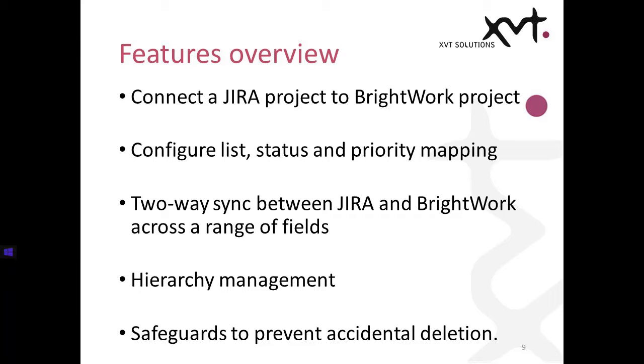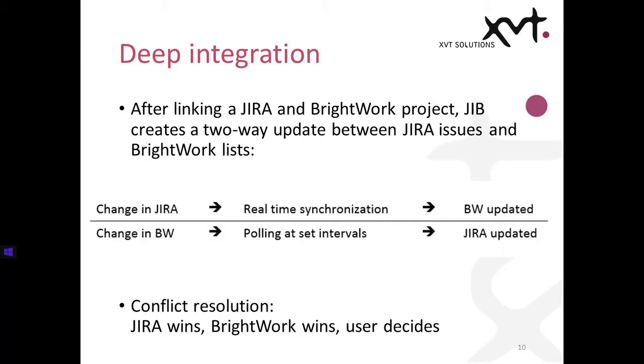So in BrightWork, you have essentially an unlimited level of task hierarchies, whereas JIRA has epics, issues, and subtasks. So there's some configuration options to choose how JIB handles those. And there's also some safeguards in place to prevent accidental deletion as a result of the synchronization.